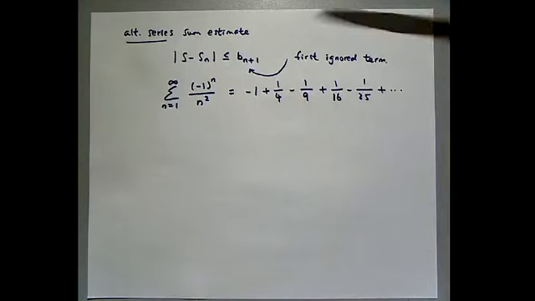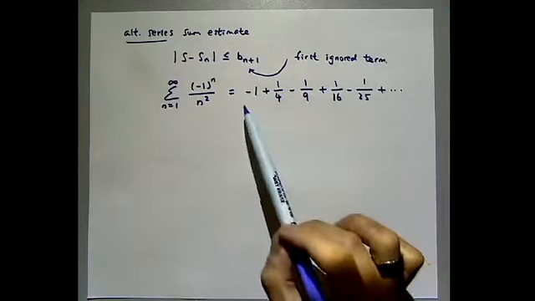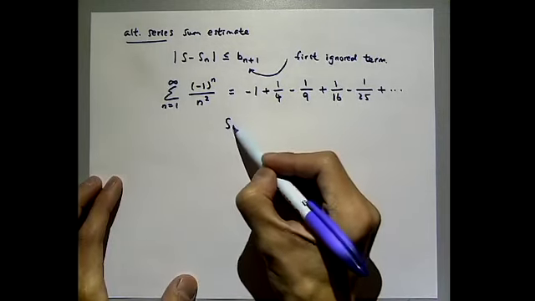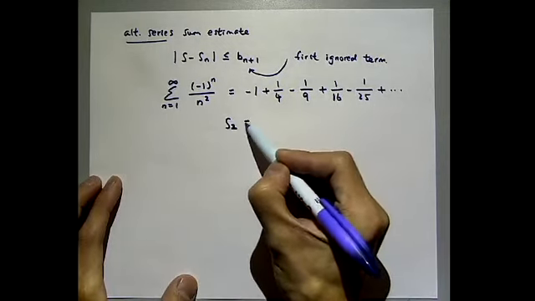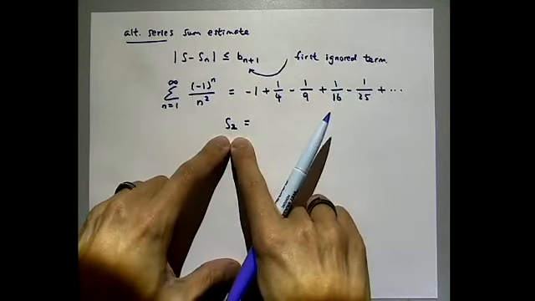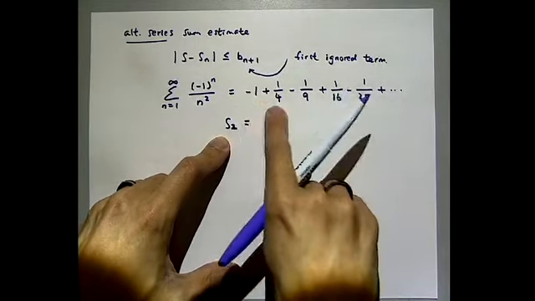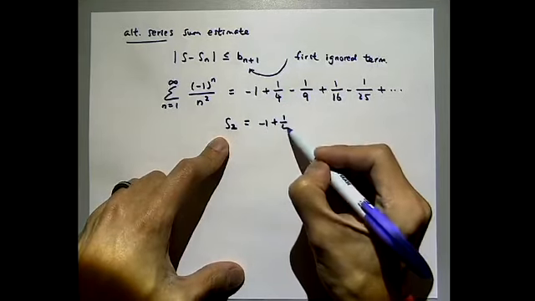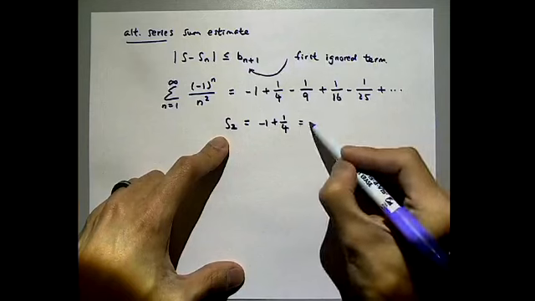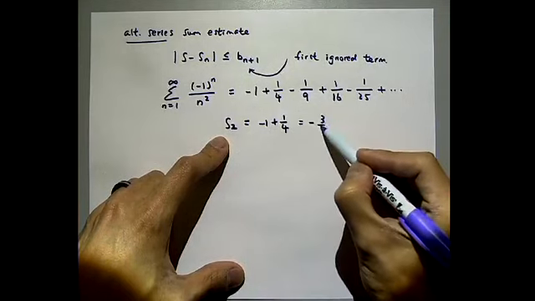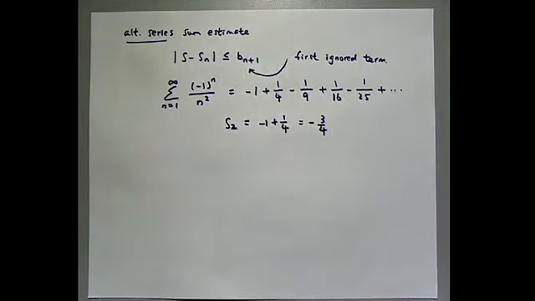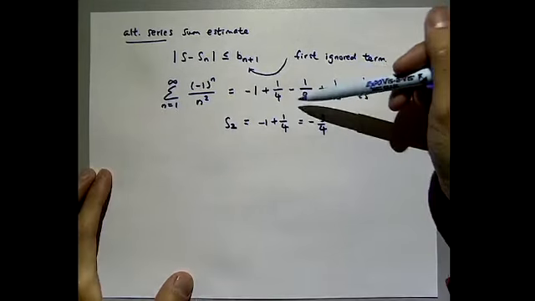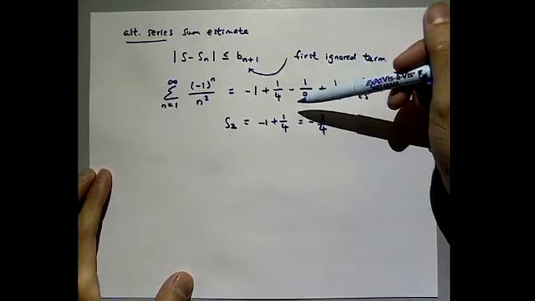So here we have minus 1 over n squared, and these things come out of that. The second partial sum is what happens when you add up two terms. And then the first of the terms that you ignored is an indication of accuracy.